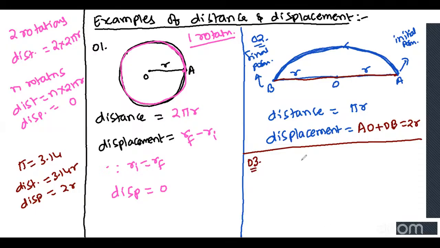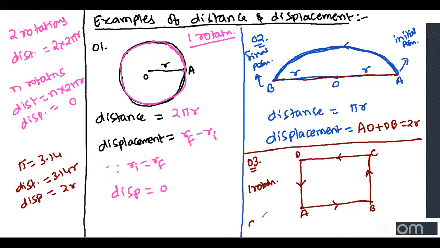If a particle is moving in the shape of a square, let us consider initially particle is at A and then it is moving in counterclockwise direction. Now I need to find whenever it completes one rotation, what is the distance traveled?